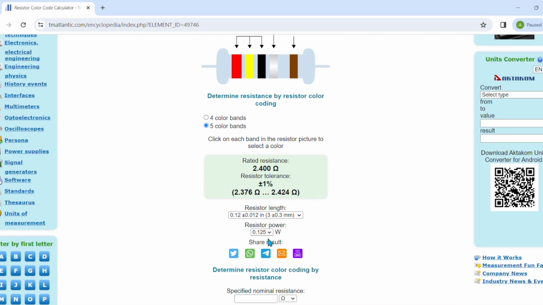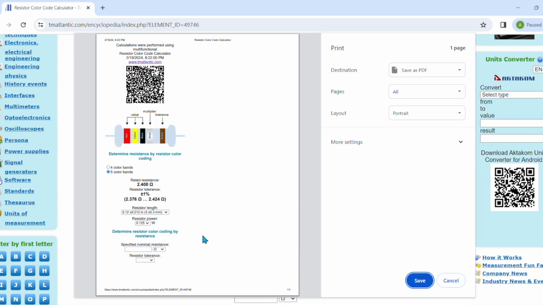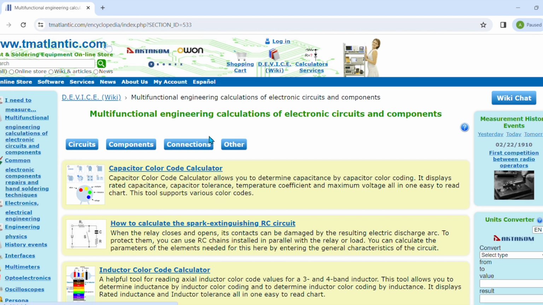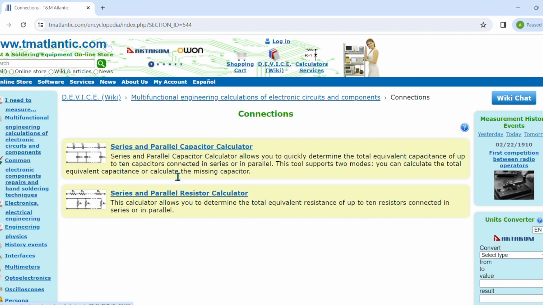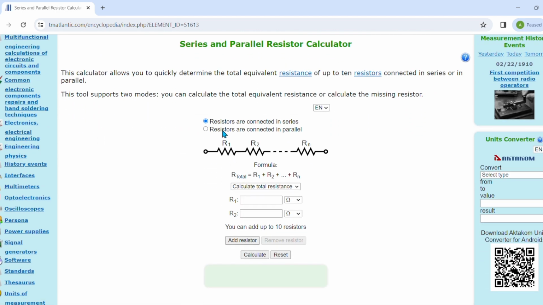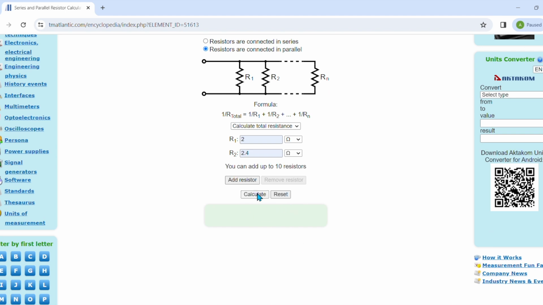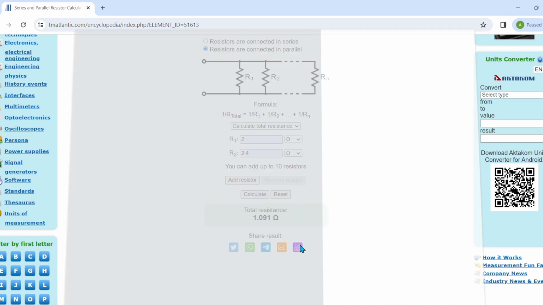We get 2.4 ohms. We know that these resistors are installed in parallel. Let's go to the calculation and add these values and get the total resistance. According to the calculation it is 1.091 ohm.